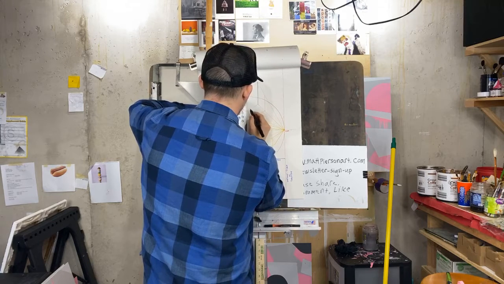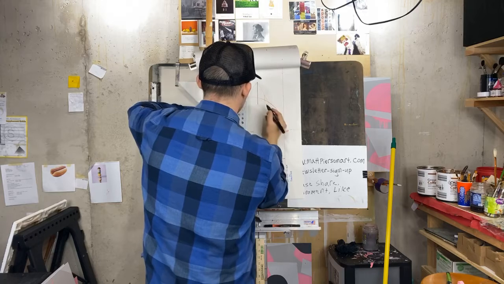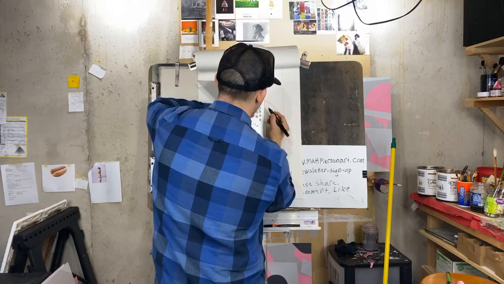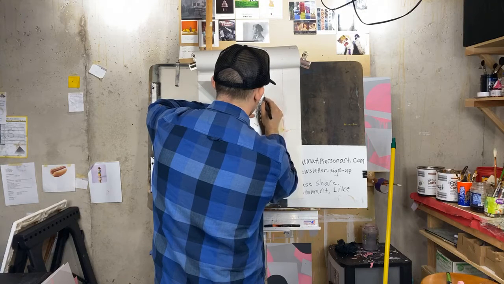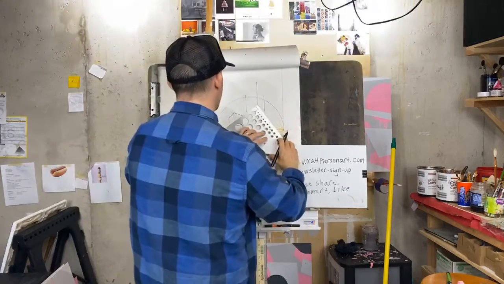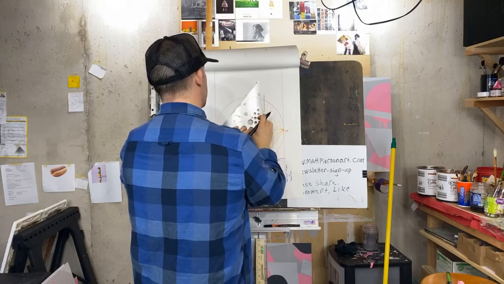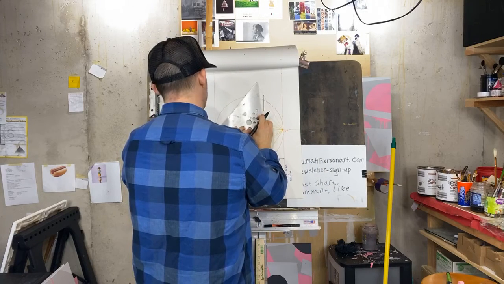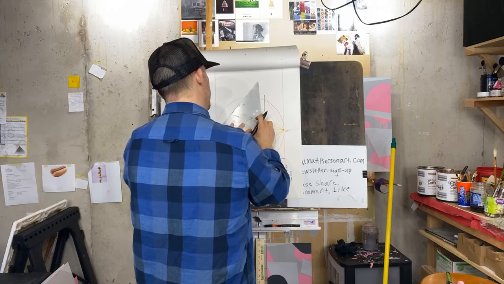As you can see, I'm doing my vertical lines here, trying to be steady as I make my marks. Don't want to mess up more than I already have. Kind of messed up there, but that's fine. Now I'm going to do my lines of convergence, doing that top edge of this cube or box form that I've made.